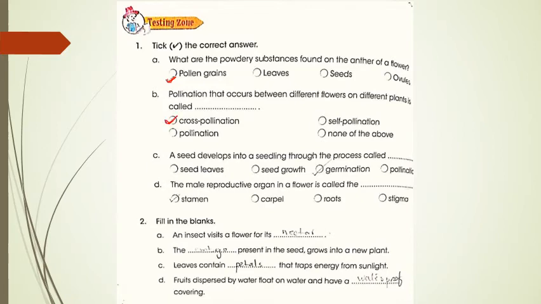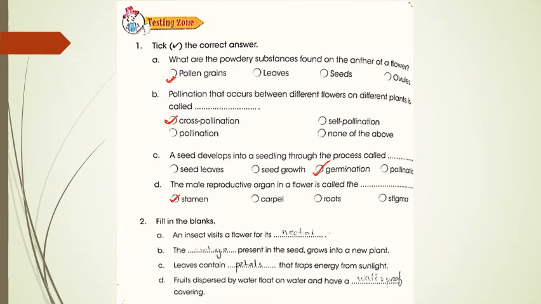A seed develops into a seedling through the process called germination. The male reproductive organ in a flower is called the stamen. So this statement is true.